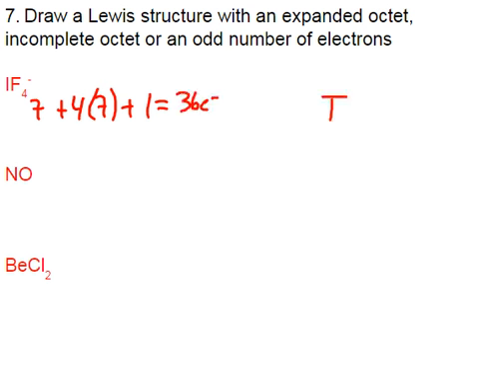And so if I go ahead and stick the 4 fluorine on with single bonds, again, using the same process as we've used for all the other structures. So that means each fluorine still needs 6 more electrons, or 3 pair. So now when I count up, I've used 2, 4, 6, 8, 10, 12, 14, 16, 18, 20, 22, 24, 26, 28, 30, 32.